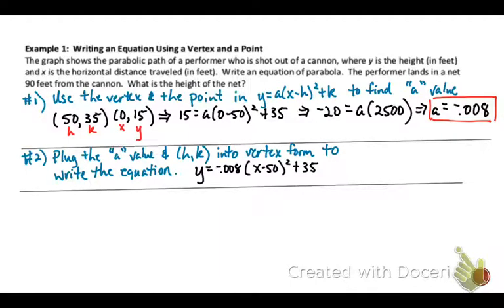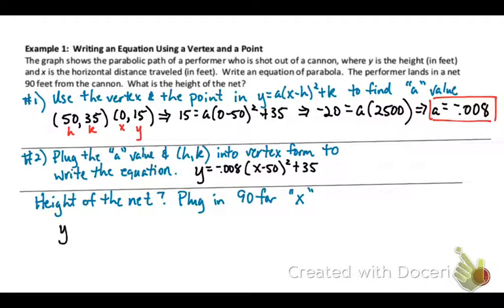Now we can answer the question that was asked. So what's the height of the net when the performer lands in a net 90 feet from the cannon? Looking for the height of the net, what we're going to do is plug in 90 for x.